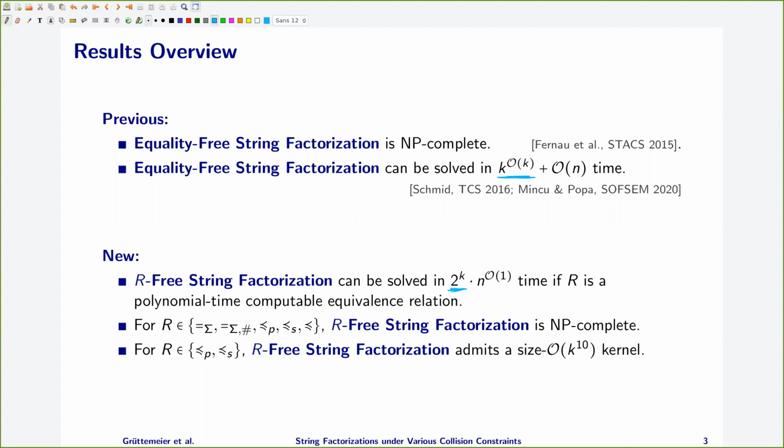And we do this not only for equality-free string factorization, but for R-free string factorization, for all R that are equivalence relations and can be computed in polynomial time. And then we show that this R-free string factorization is NP hard for these new variants that we proposed. And for this prefix relation, we also show a kernel.